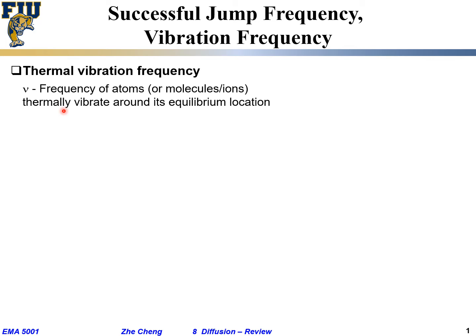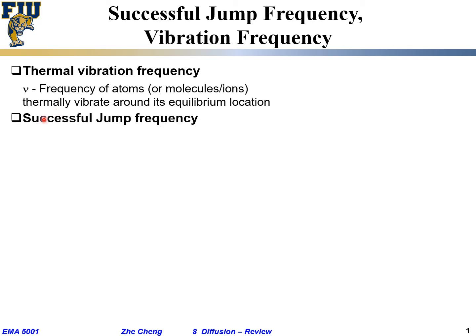The atoms always vibrate and attempt to leave their location, but in most attempts, they go back, stay still, and then try again. In most cases, it doesn't move anywhere. That's the so-called thermal vibration frequency, the frequency of atoms thermally vibrating or attempting to move around their equilibrium location.